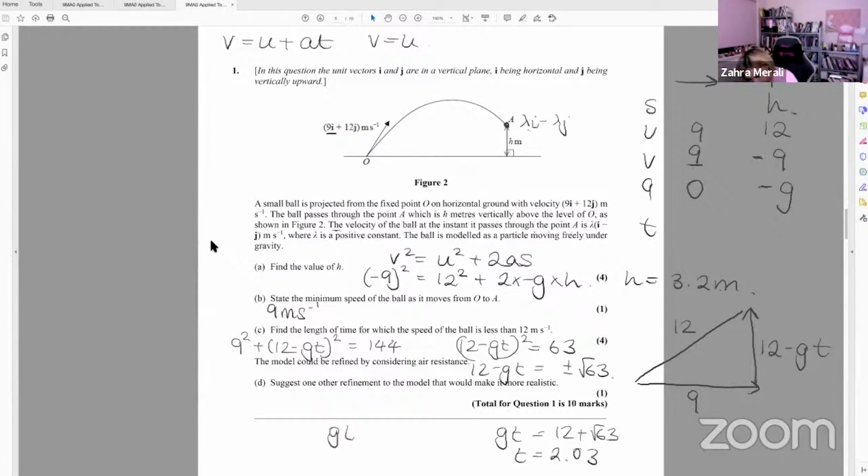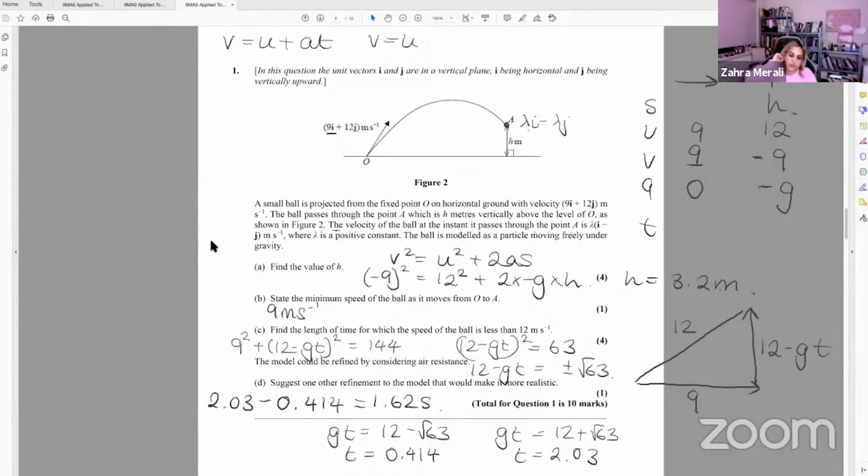Or we could have gt equals 12 minus root 63, and t equals (12 minus root 63) divided by 9.8, and we get 0.414. So therefore, the time when the speed is less than 12 is going to be the difference between the two. So you're going to do 2.03 minus 0.414, which gives you 1.62 seconds.